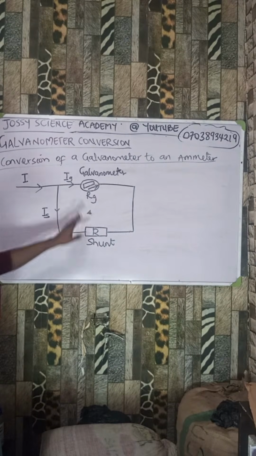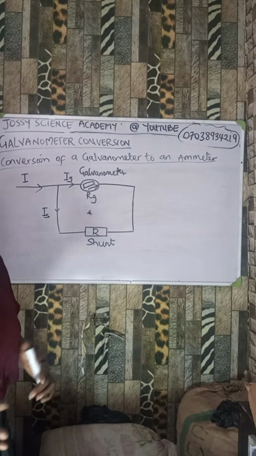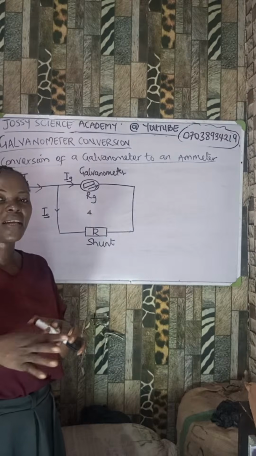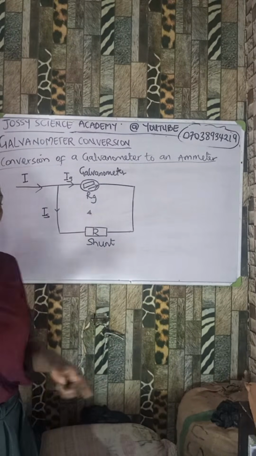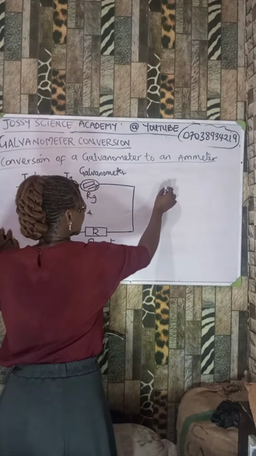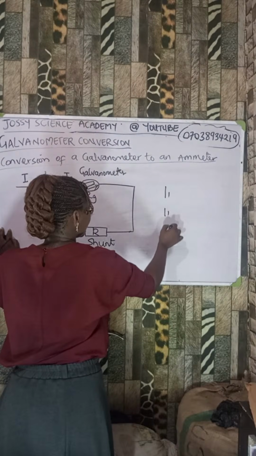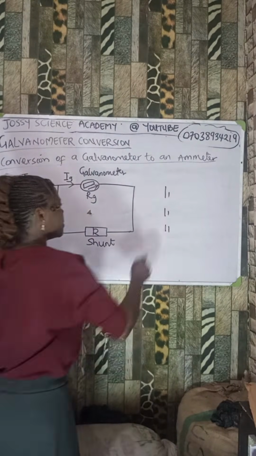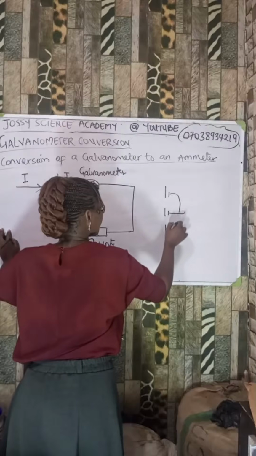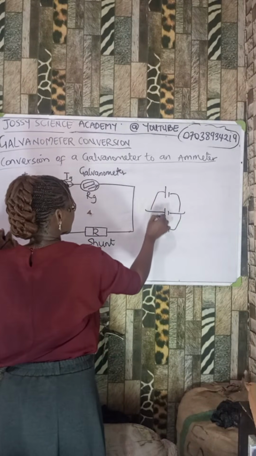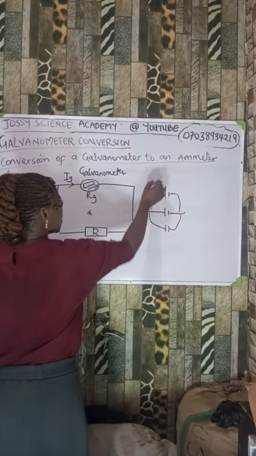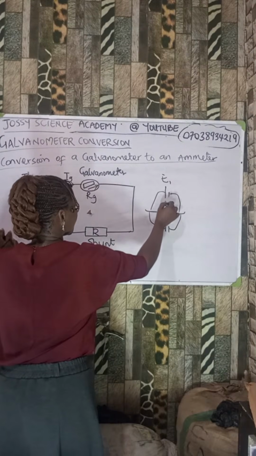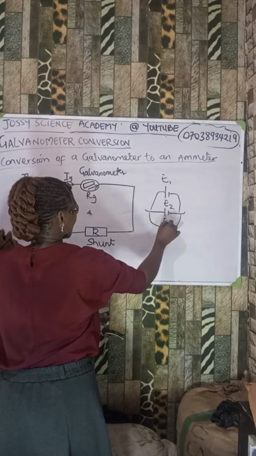Remember, I did yesterday, when cells are connected in parallel, the EMFs become equal. This is a cell, this is a cell, this is a cell, connected in parallel. So this is E1, E2, and E3.